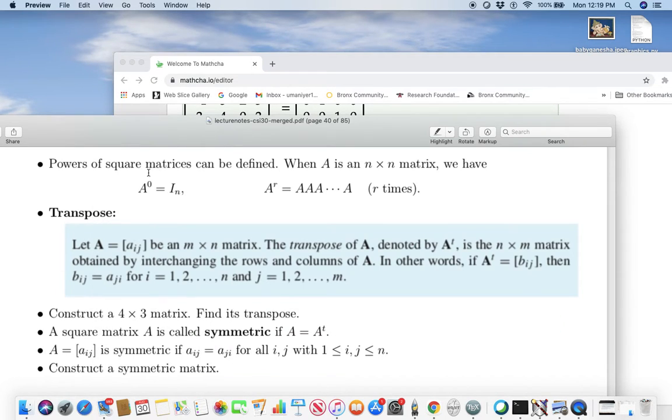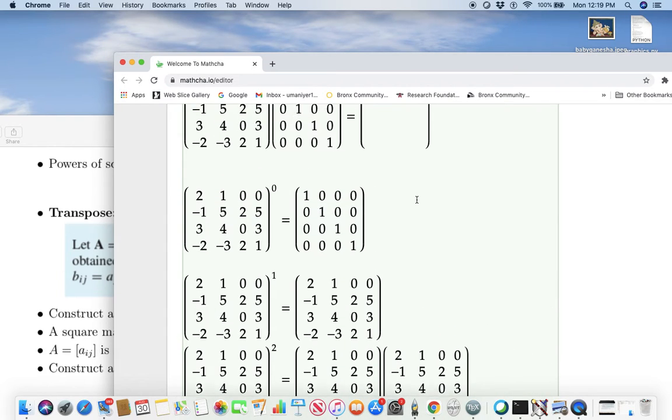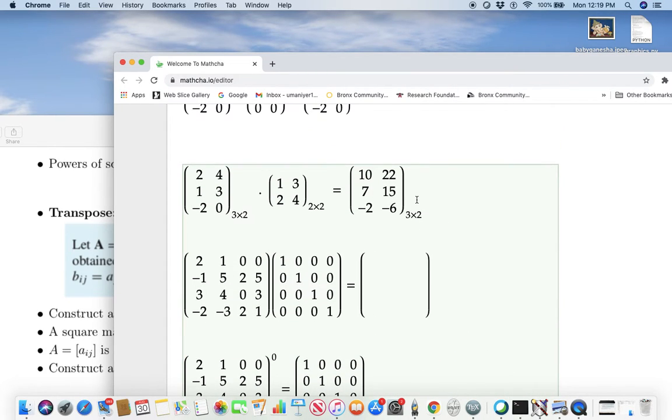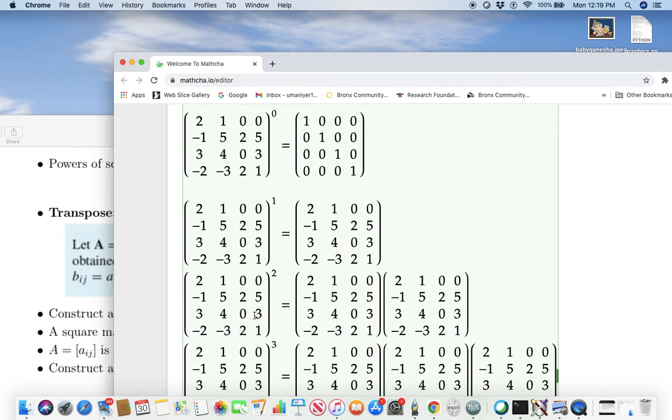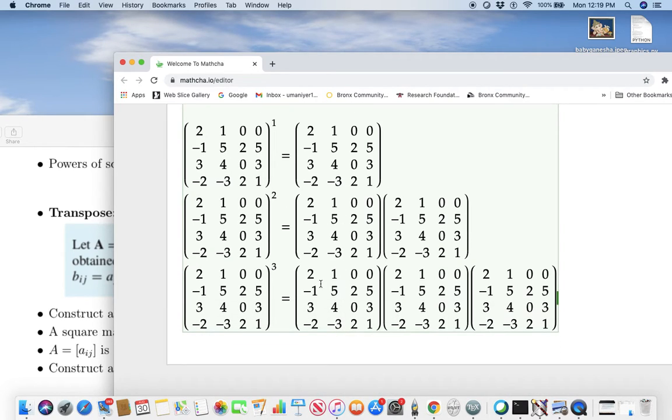Okay, so that's how you define powers of a square matrix. Remember, in the previous video, we saw how you multiply matrices. So you know how to multiply this matrix by itself for power 2, power 3, this matrix by itself 3 times, and so on.